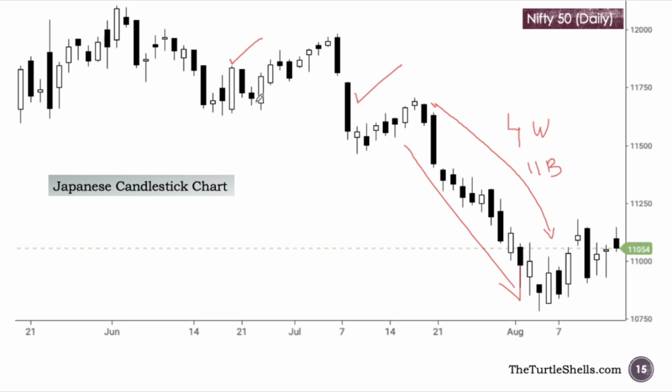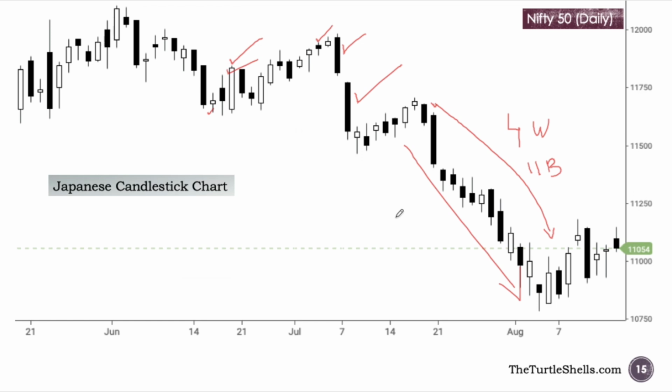And also notice that within the white candles there are different shapes. So this white candle is very different from this white candle, or this black candle is very different from this black candle. Depending on the shapes of the candles, you can have multiple permutation combinations of different patterns, which is what Japanese candlestick patterns is all about.